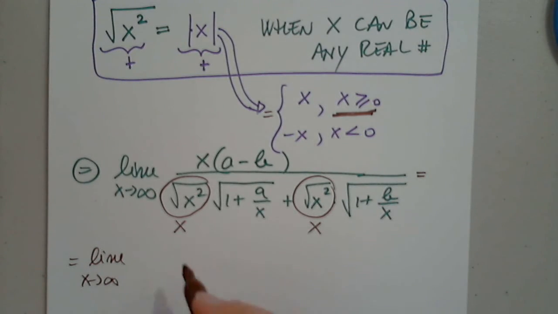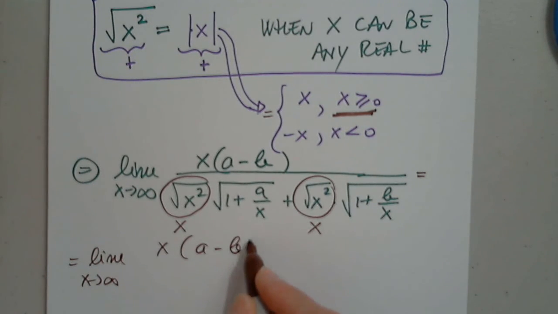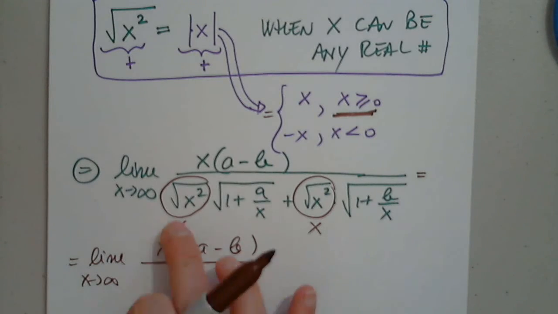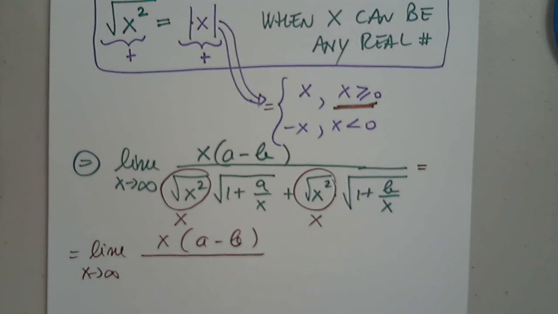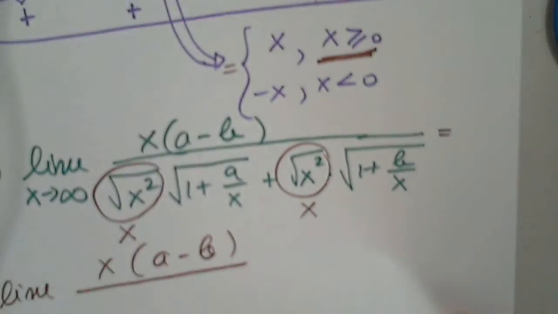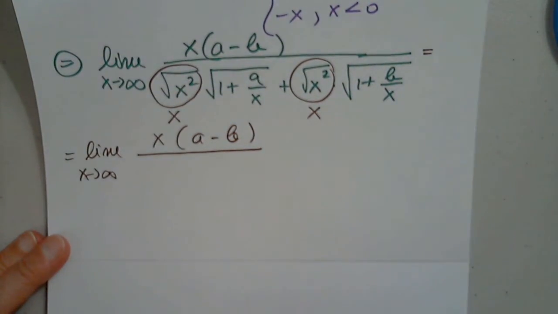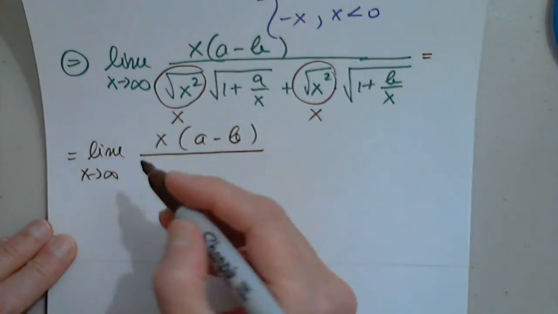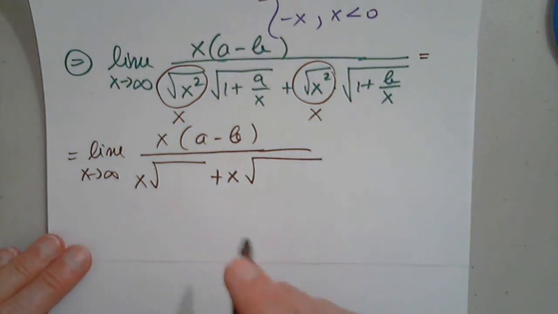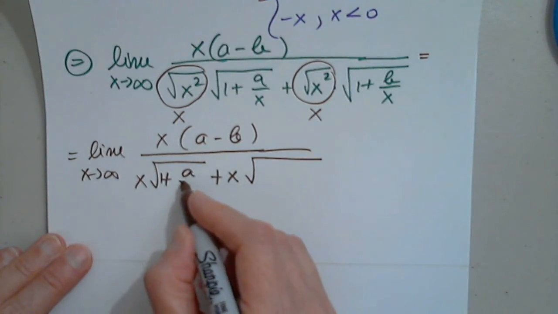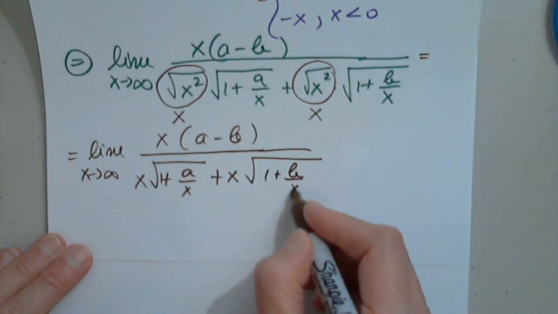X approaches infinity. X, a minus b. X and x, can I factor it out, or do you want me to write it again? Write it again, please. Sure. So x the square root plus x the square root, 1 plus a over x, 1 plus b over x.